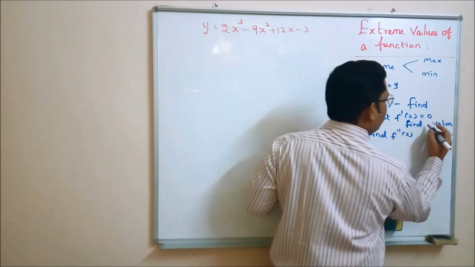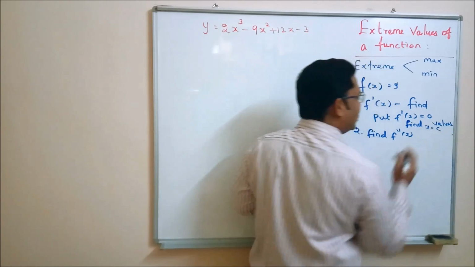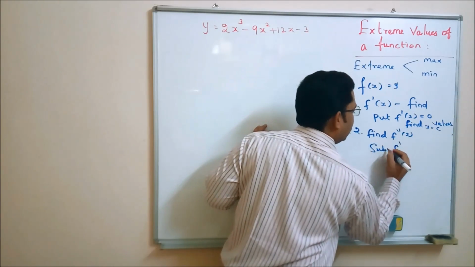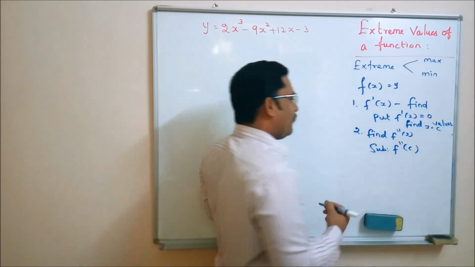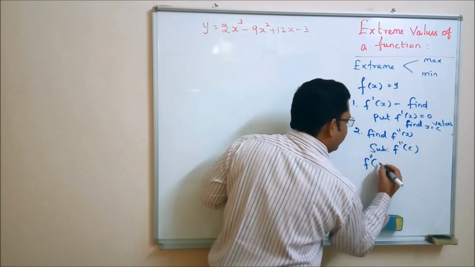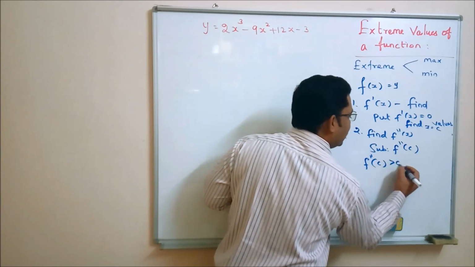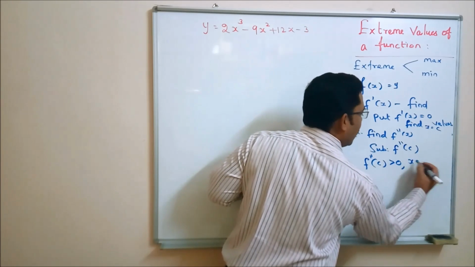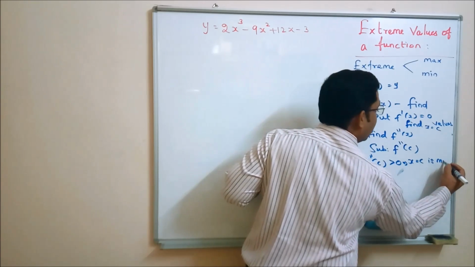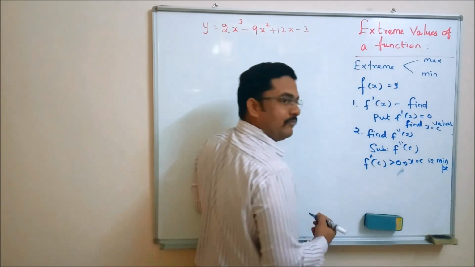For example, substitute x equal to c, and after substituting, we will get f double dash of c. The condition is, if f double dash of c is greater than 0, the point x equal to c is a minimum point.